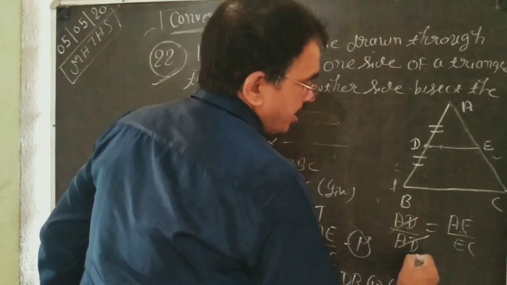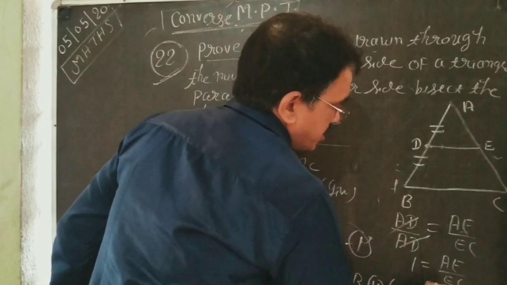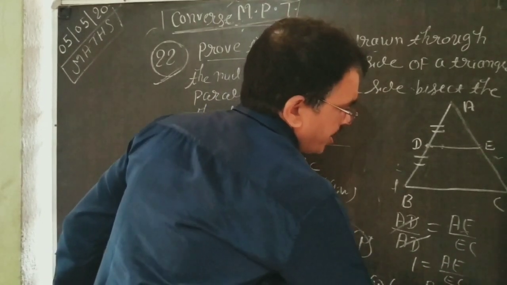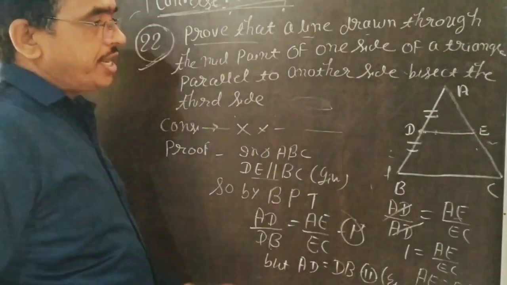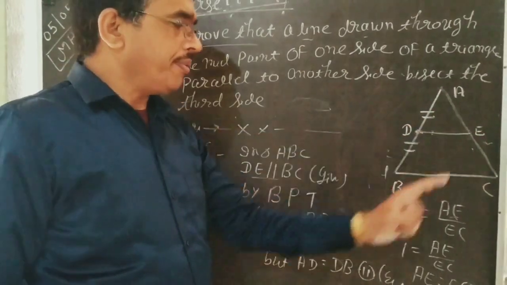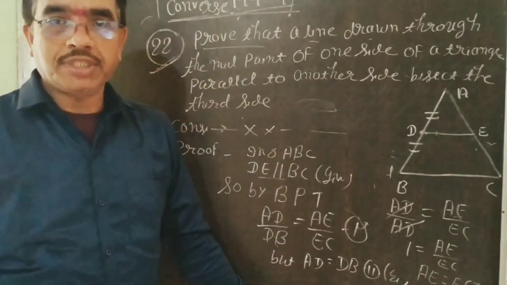AD is cancelled, that is 1 is equal to AE by EC. Hence AE is equal to EC. You have to prove AE is equal to EC, so it is clear that E is the midpoint of AC. So that was the last question. Next day, I will solve another question. Thank you, dear friends.